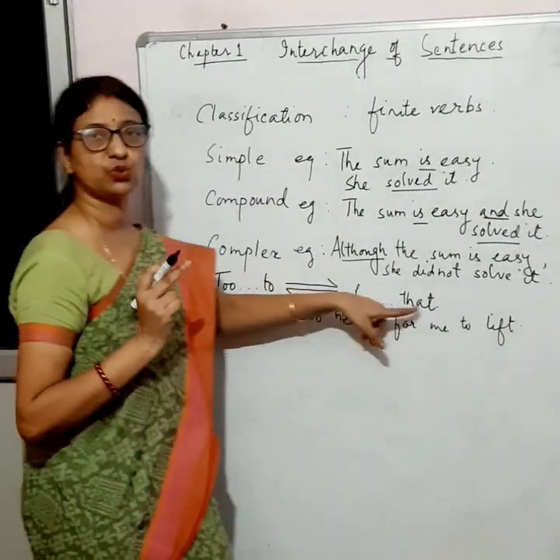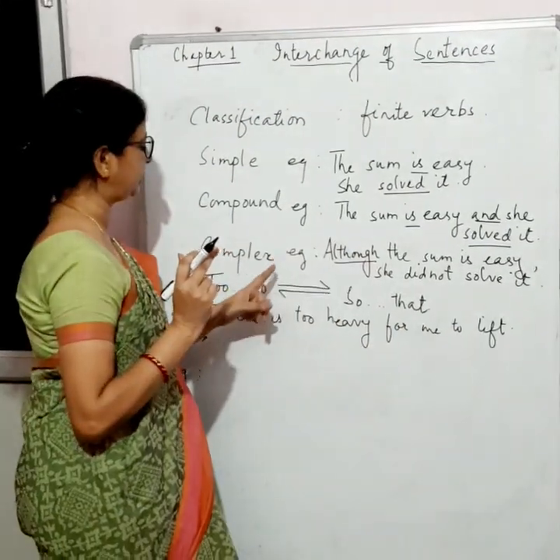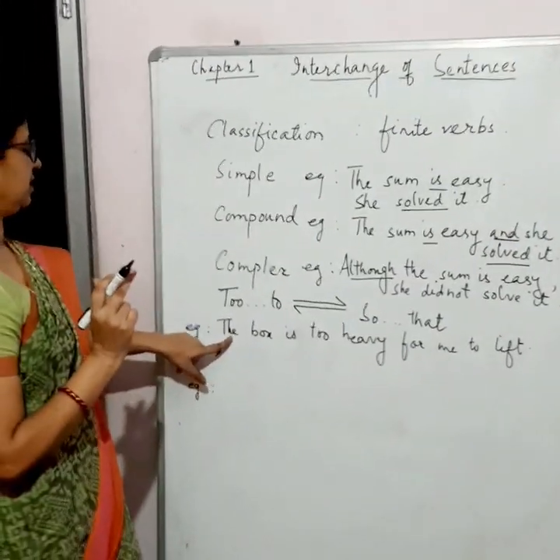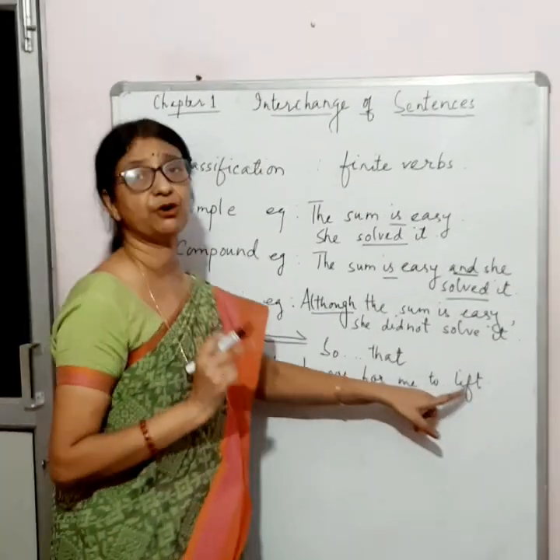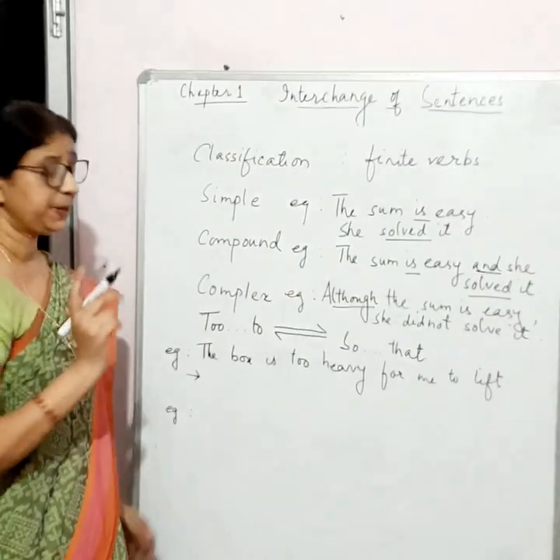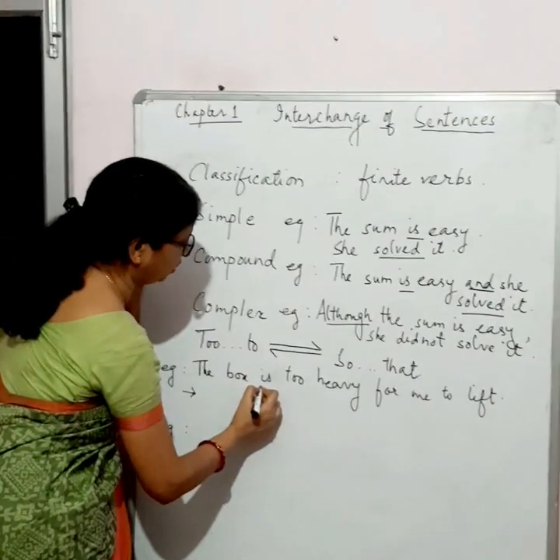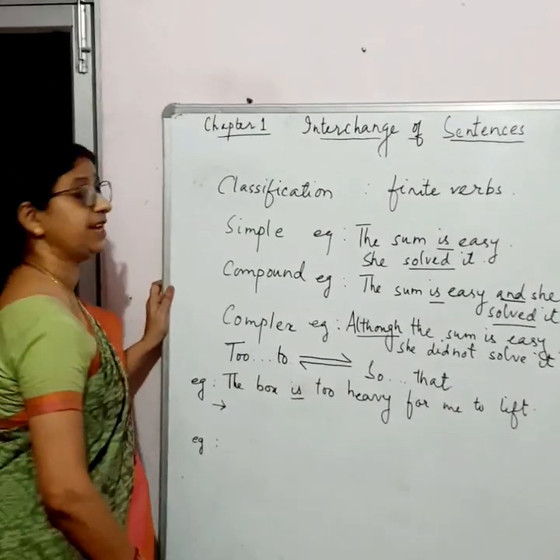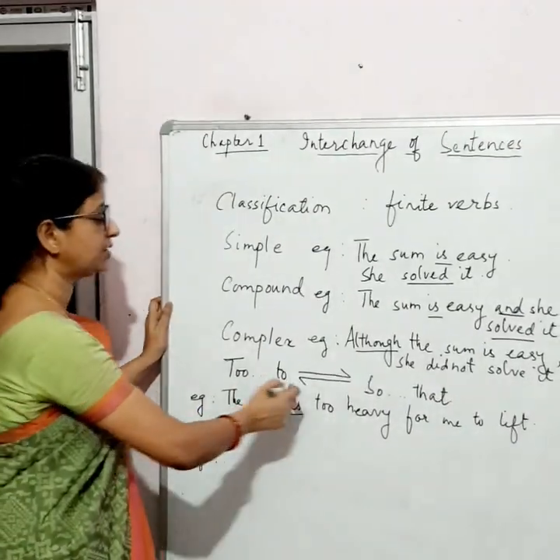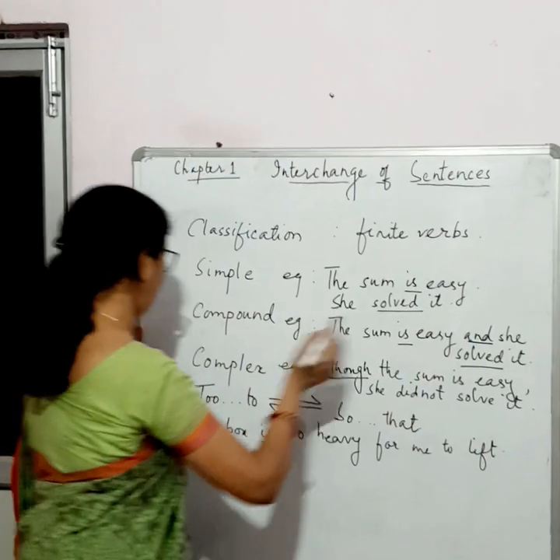To is changed to so that, and so that is changed to to. Here is one example. The box is too heavy for me to lift. This is a simple sentence. Why? Because there is only one finite verb. Is is the finite verb in this sentence.